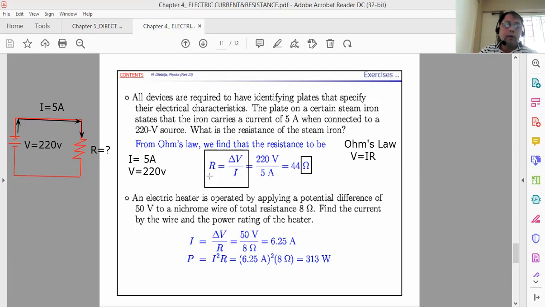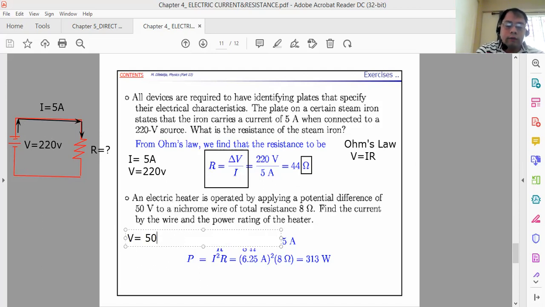Now, going into the next example, we can think of it as something like this, but with a different given. This time around, what is given is R. So R is provided, voltage is provided.